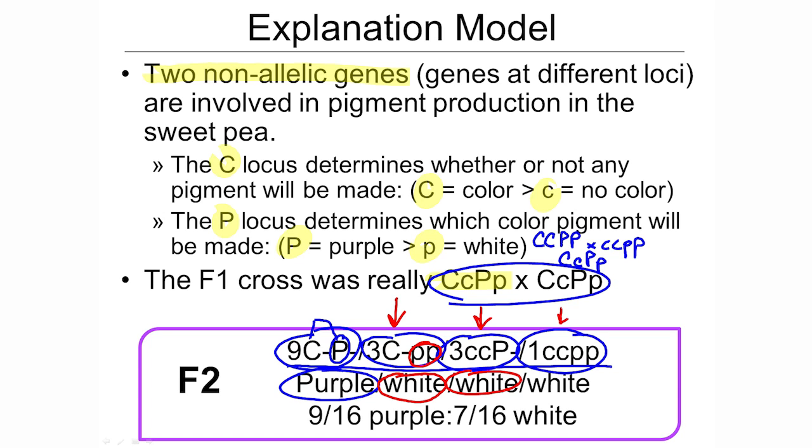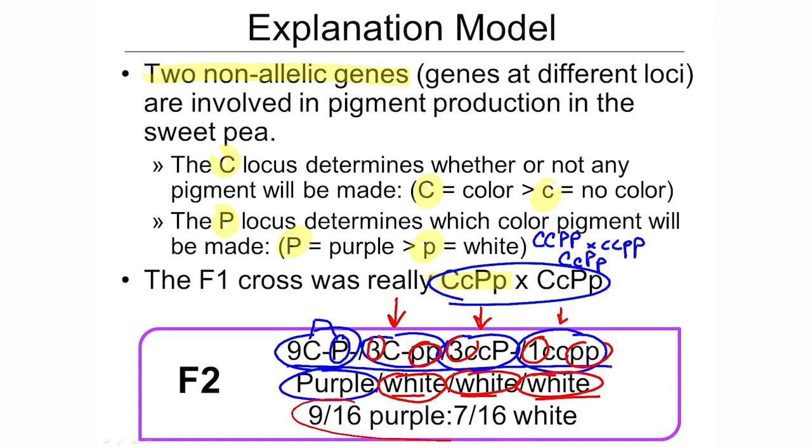And in this case, it's sort of a double whammy because the switch is off, and even if it were on, you'd be making white coloration. So while genetically different, the 3:3:1 part of the 9:3:3:1 ratio, all this one, and this one, they all look white. And that's 3 plus 3 plus 1 is 7.